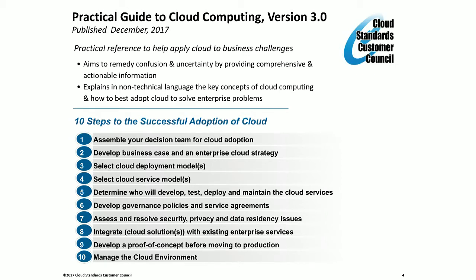I think it explains the key concepts about cloud computing in non-technical language that's easily understood by all members of your business community, as well as some recommendations on how to solve discrete enterprise problems using cloud computing technology. And we believe it shares that in 10 clear and easily understood steps that I'll be stepping through with assistance from Mike and Carolyn.